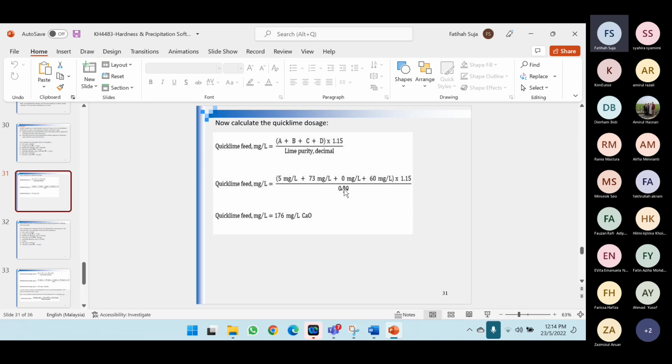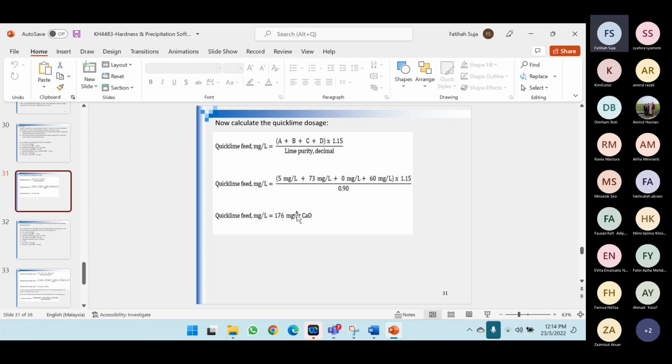So with 90% purity, you divide by 0.9. So this is the concentration of the quicklime in the feed that you need, 176 milligram per liter quicklime. Okay, so this is just the concentration, not the amount.